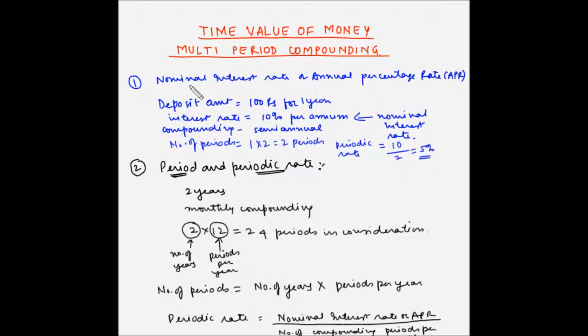So we have seen the nominal interest rate, we have seen the periodic rate. Now let's move to the third type of rate, which is the effective annual rate or effective interest rate.